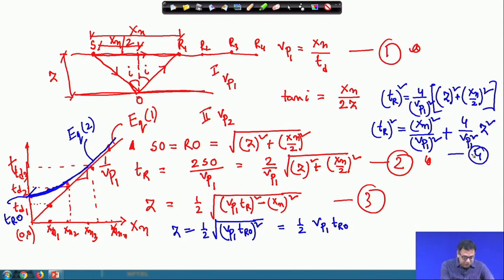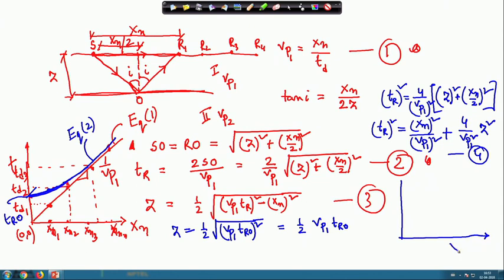Now, instead of drawing the x_n curve, we are drawing the x_n square versus T_r square curve. So, now it will be a straight line.